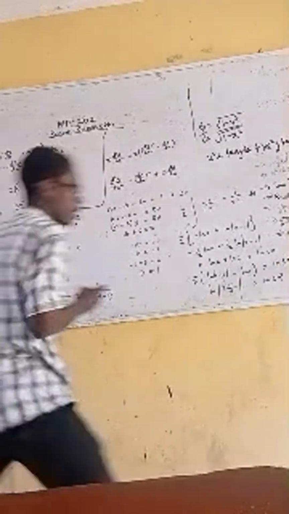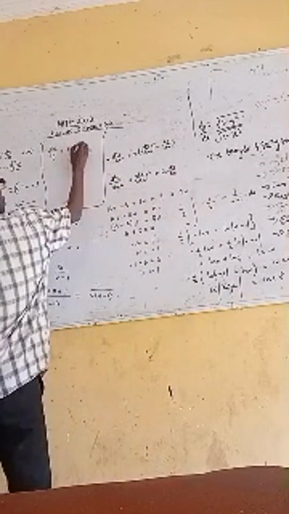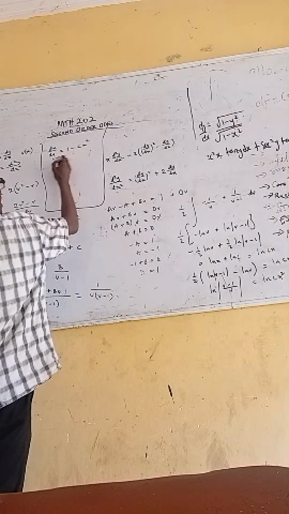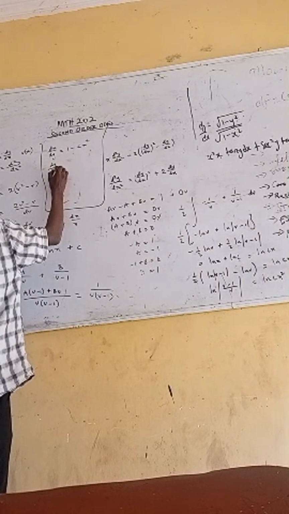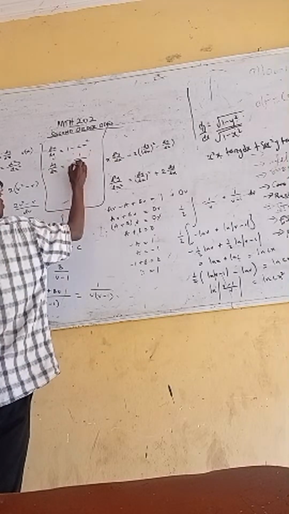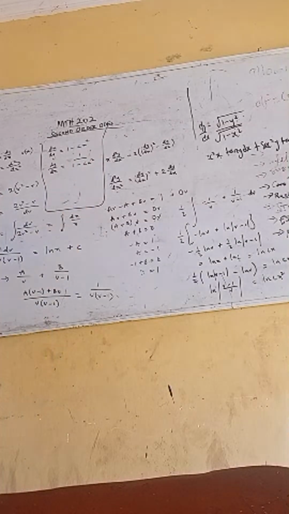So 1 over v is x over y, equals 1 minus Cx squared. If you don't understand, let me know. It's not the answer we are looking for. The y over x will not come out. So we have 1 over 1 minus Cx squared.